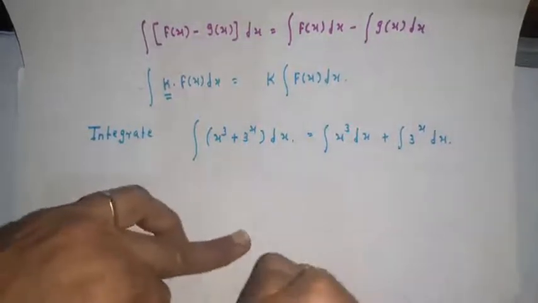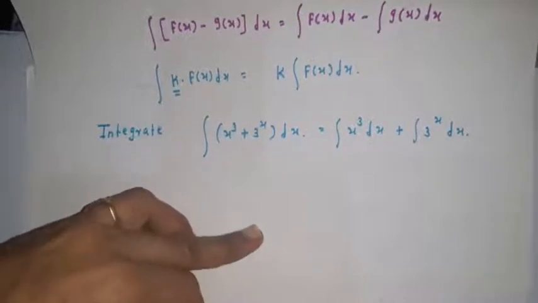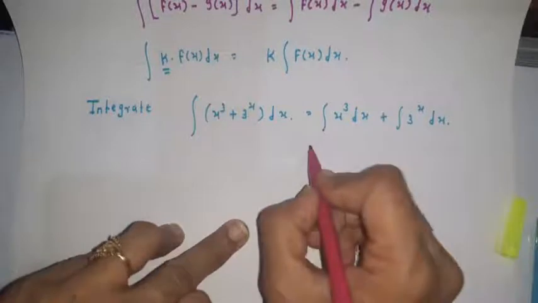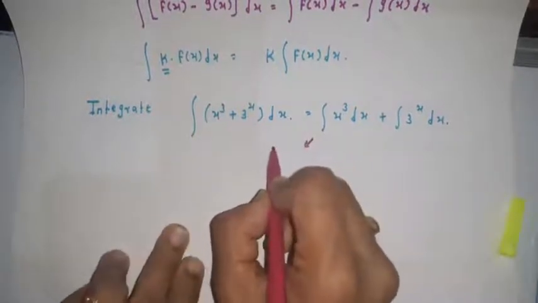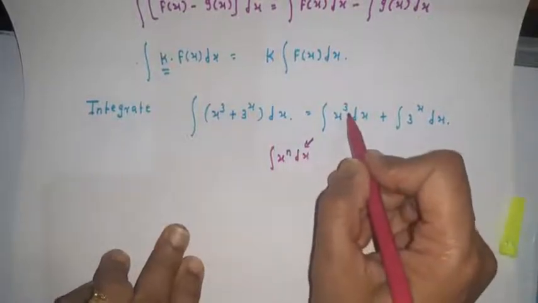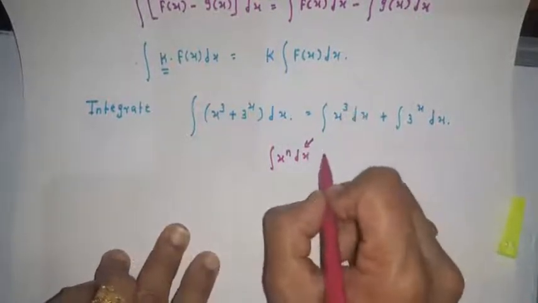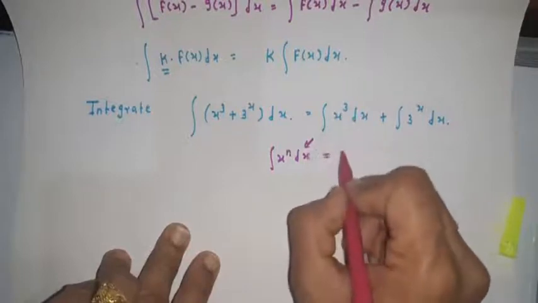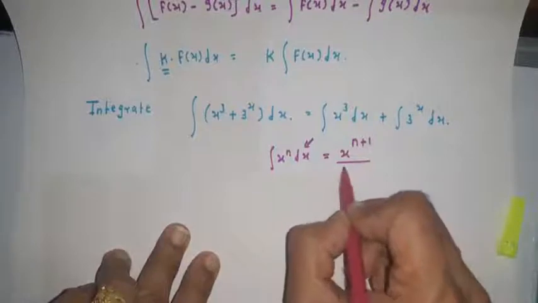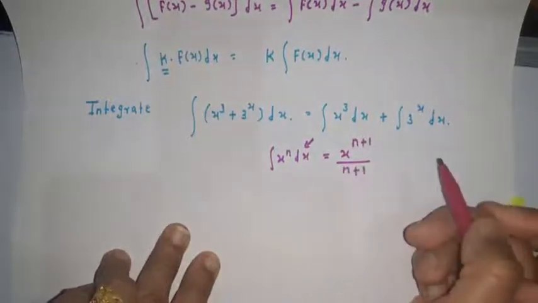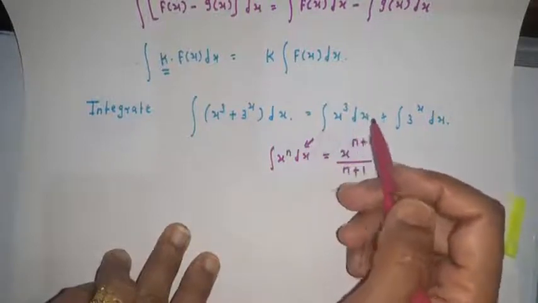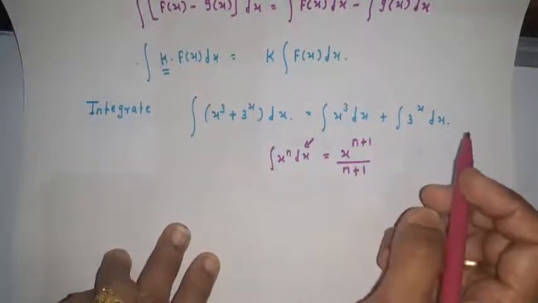So students, now let us see which formula we have to use. For the first function, we have to use the x raised to n formula, the value of n is 3 here. What is the formula for integration of x raised to n? That is x raised to n plus 1 upon n plus 1. Students, don't confuse between differentiation and integration while solving the problems.